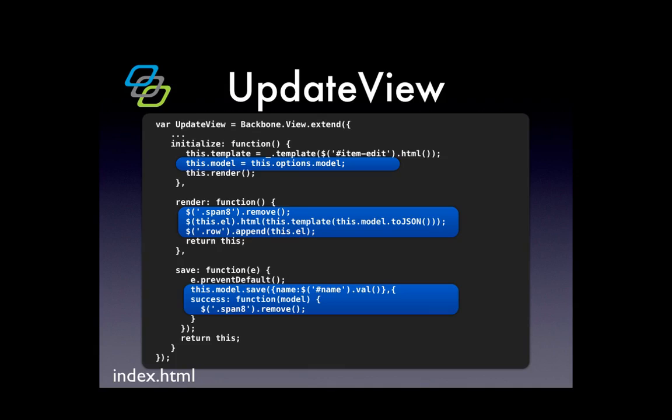That way, Stackmob knows that this is an existing model and it needs to be updated on Stackmob. Instead of creating a new instance of this model, it's saying save these changes to this model. Whatever values I pass in, those will be updated. And then on success, I want to remove the form from the view.